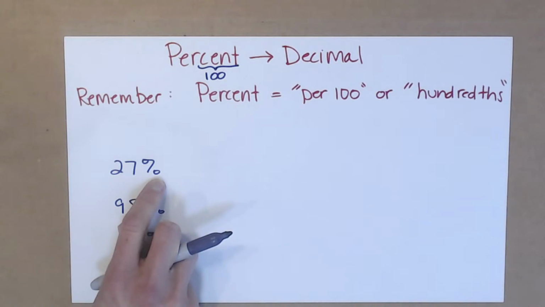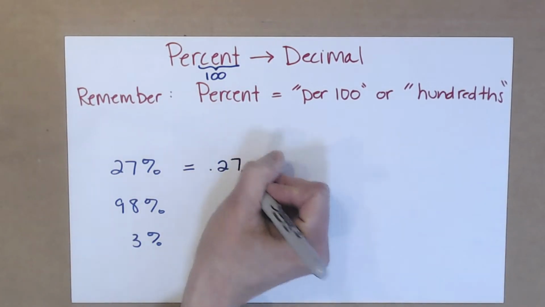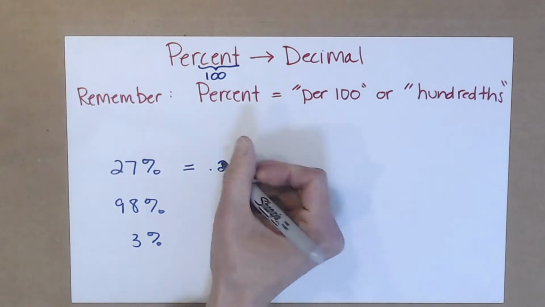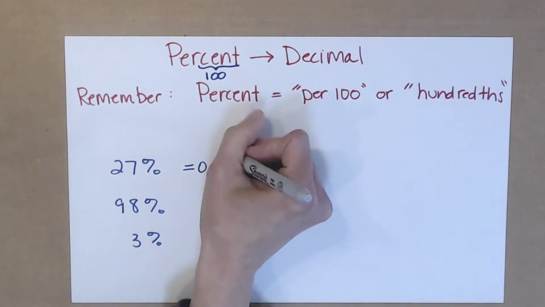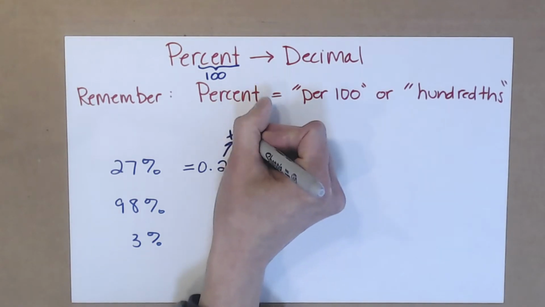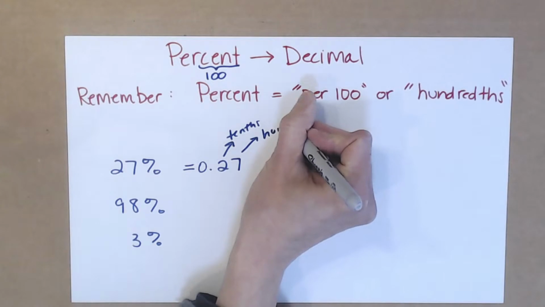So it really helps to think of hundredths here when we're talking about decimals because we have a decimal place for hundredths. To show 27% as a decimal, that would just be 0.27 because this place gives us tenths and this place gives us hundredths.